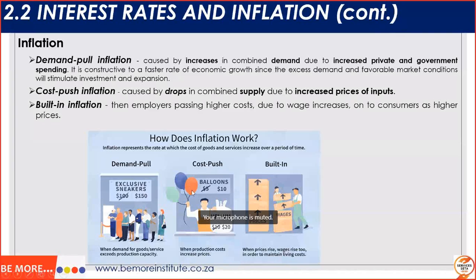When there is a shortage of supply of a particular product, as we had earlier on, to try and curb your demand, the prices go up because people are looking for this, but there is a lot of competition in actually purchasing it. This explains where we say that it is caused by drops in combined supply.